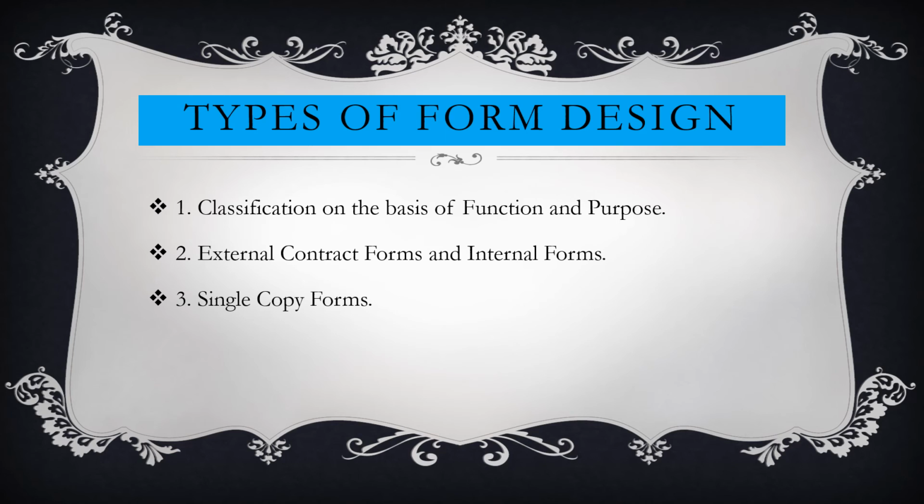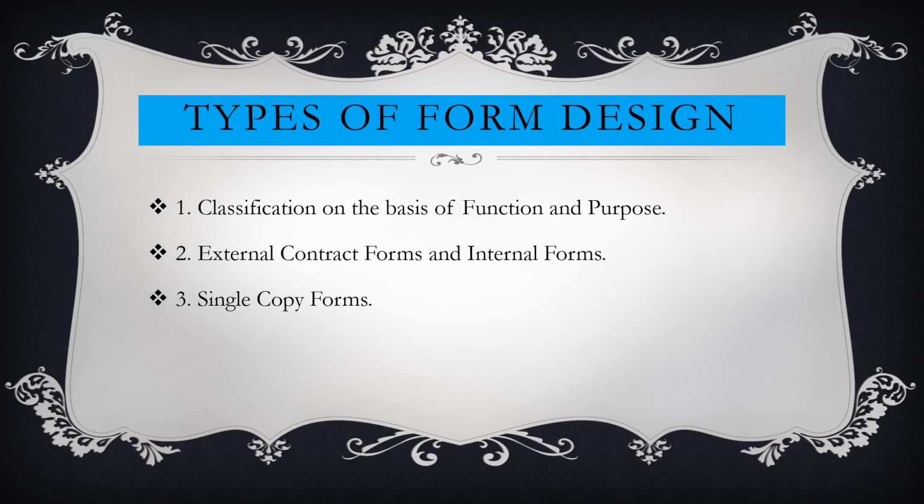The statistical information is to be gathered in the various departments of the organization in specific forms. And the last type of form design is single copy forms or multi-copy forms.